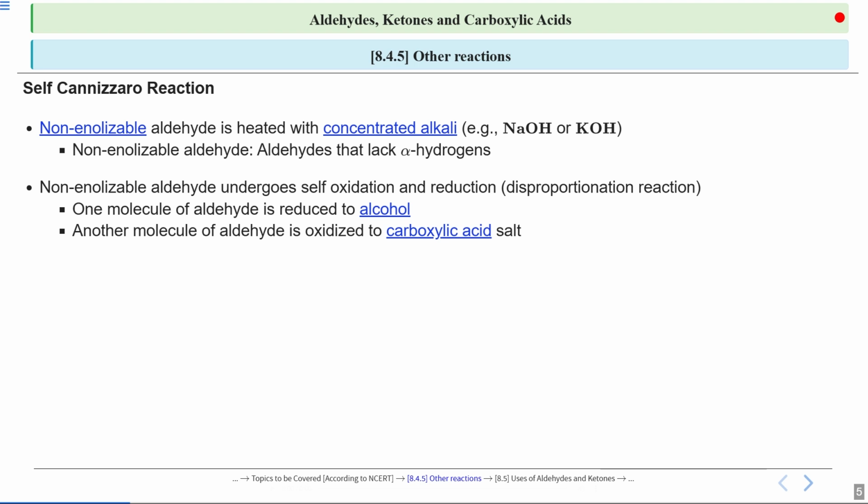I hope you know that oxidation involves the gain of oxygen or loss of hydrogen atoms. So this dual process of oxidation and reduction is the characteristic feature of the Cannizzaro reaction.